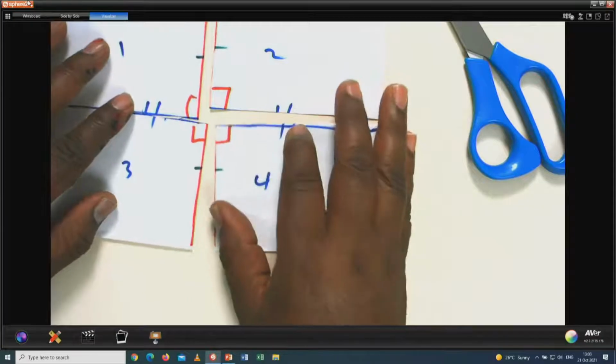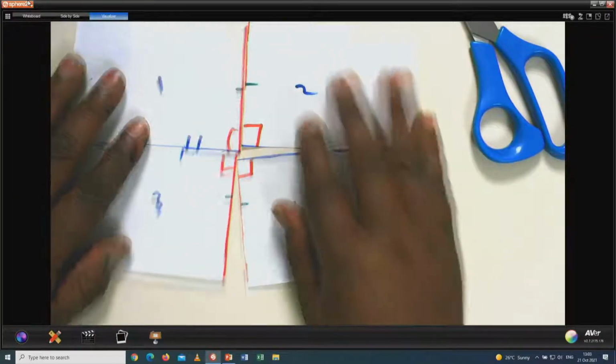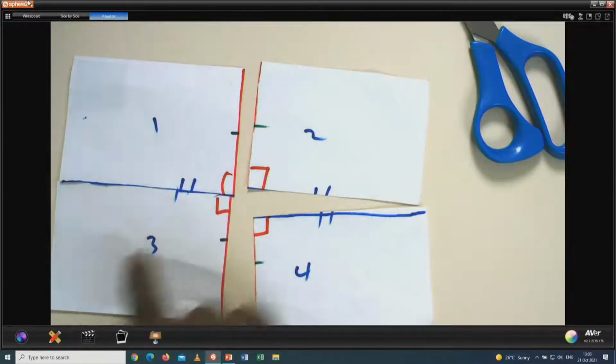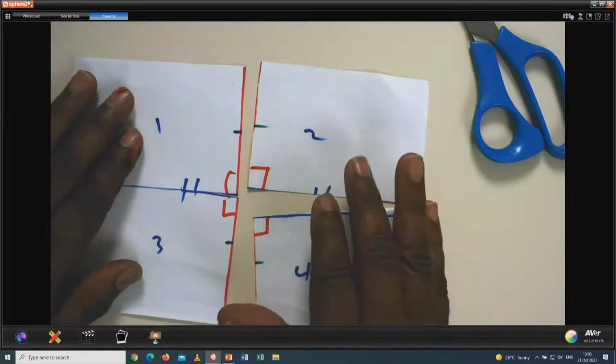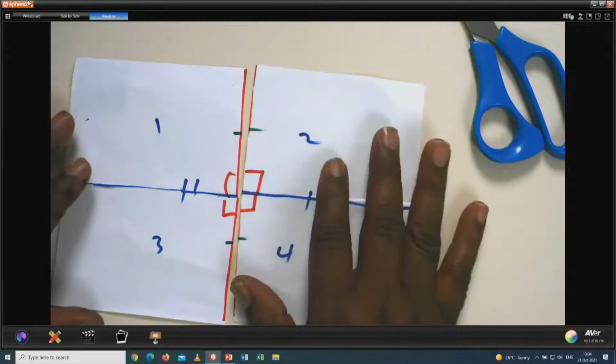Now here's my question. We agree this is a rectangle. Let's just give it a size quickly.